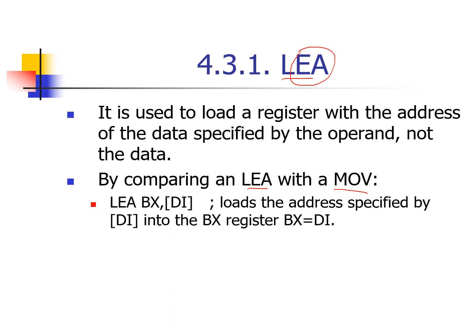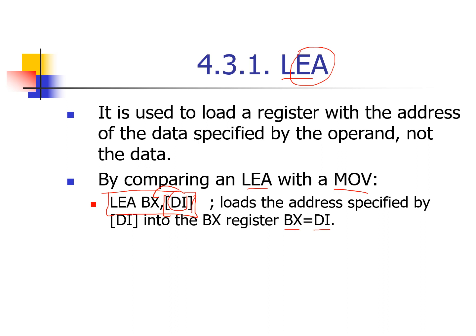For this instruction, load effective address BX comma [DI], it takes the effective address, which means the content of DI, not the data pointed to by DI, and places it into BX. So after executing this, the value inside DI would be inside your BX, and BX is equal to DI.